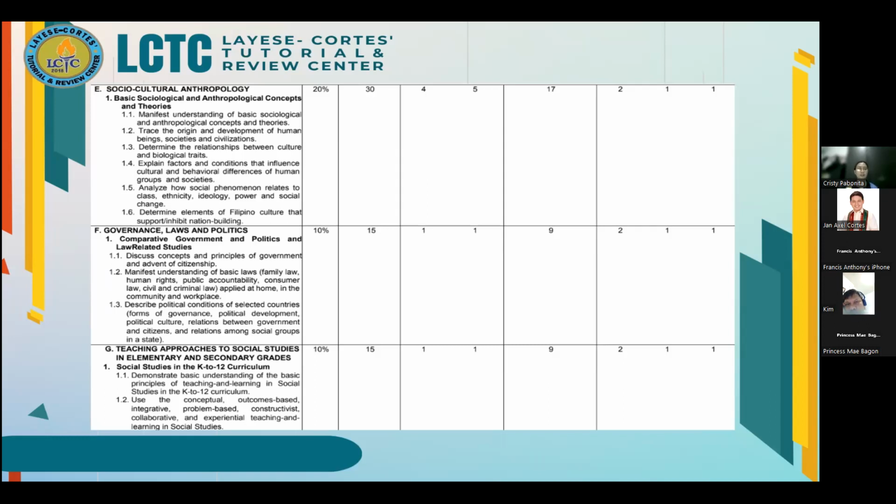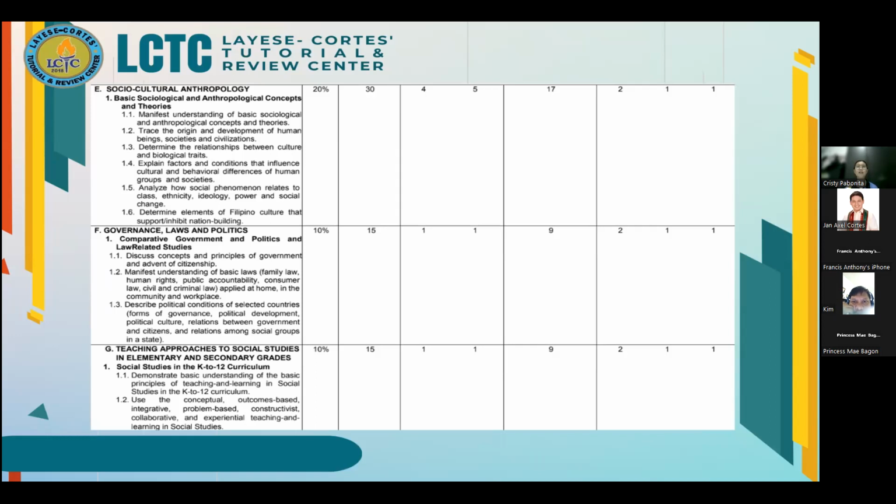So next is, and I think this will be the last component, the teaching approaches to social studies in elementary and secondary grades. So social studies in the K-12 curriculum. Okay, so you must be familiar with the K-12 curriculum alone. Okay, so what are the elements of the K-12?